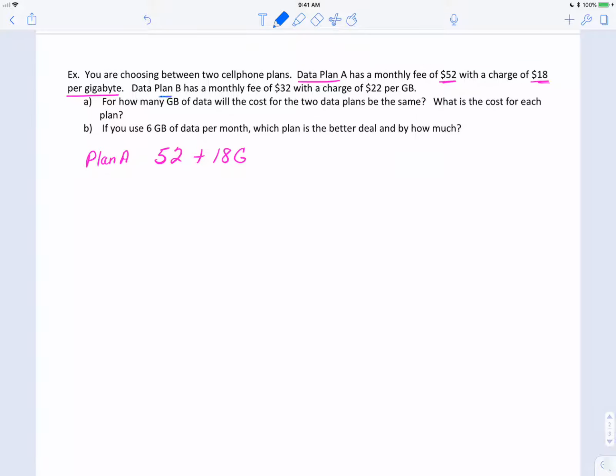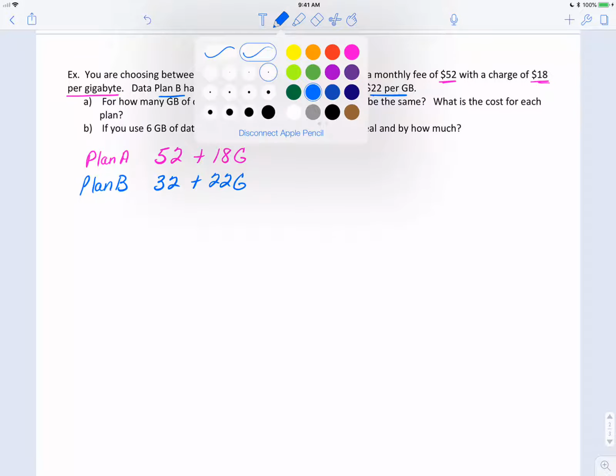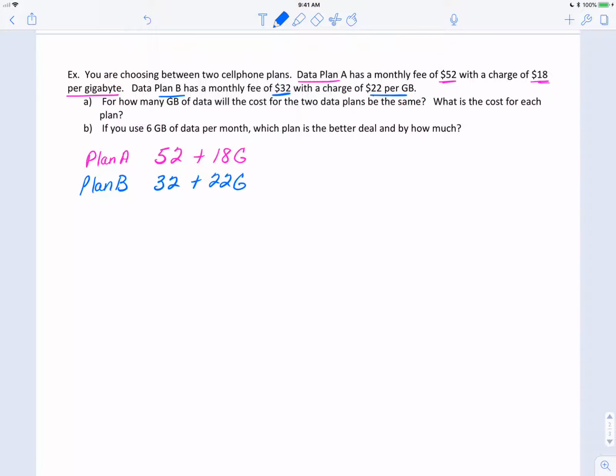Okay, plan B here has a monthly fee of $32. So I'm paying that $32 no matter what, with a charge of $22 per gigabyte. Okay, and both of these is just the cost of the plan.